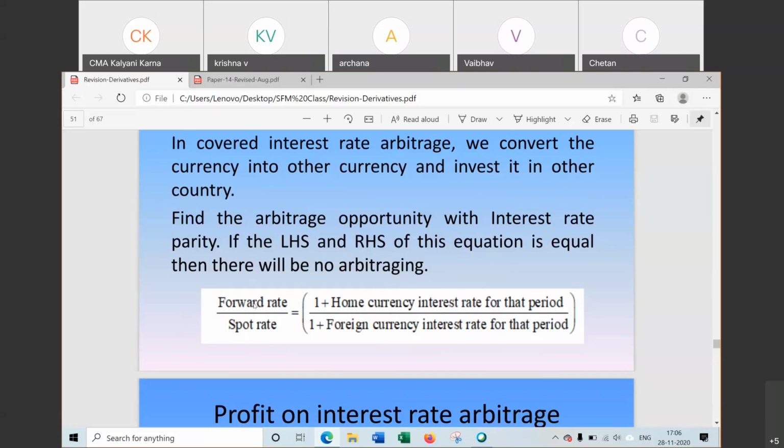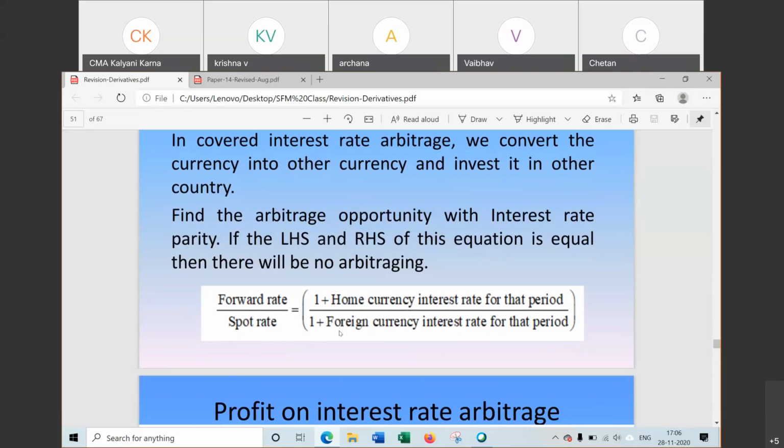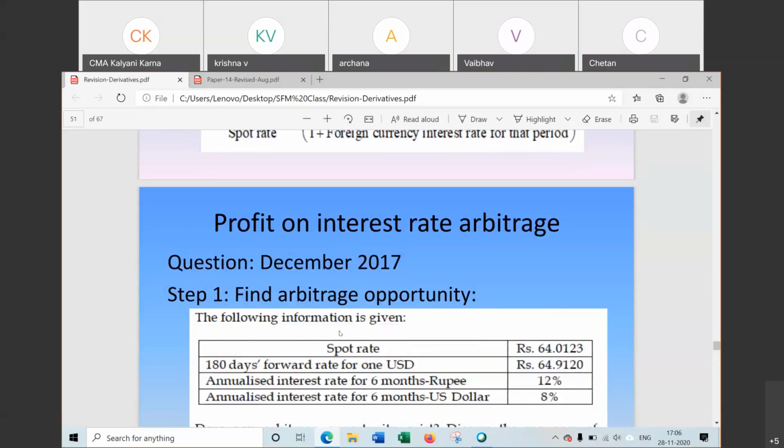So what is the equation? Forward rate divided by spot is equal to 1 plus home currency interest rate over 1 plus foreign currency interest rate. Forward upon spot, numerator home currency, denominator foreign currency. Now profit on arbitrage.